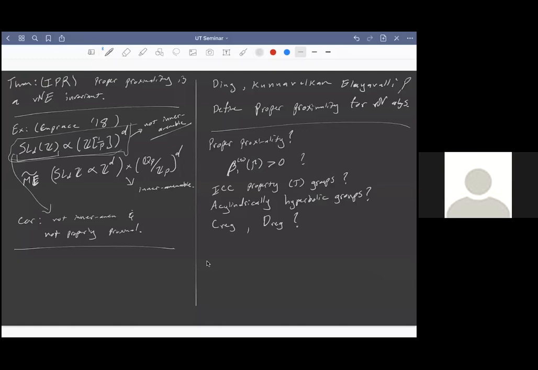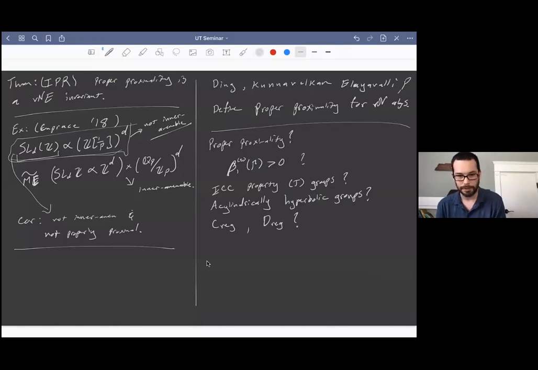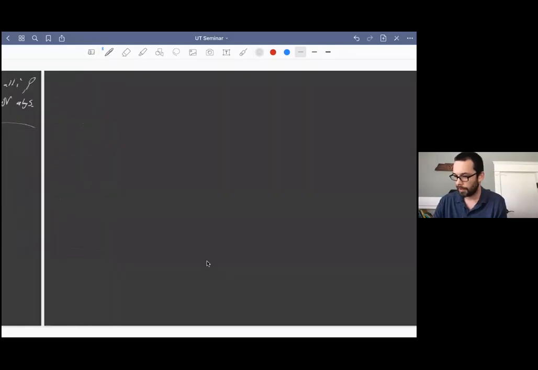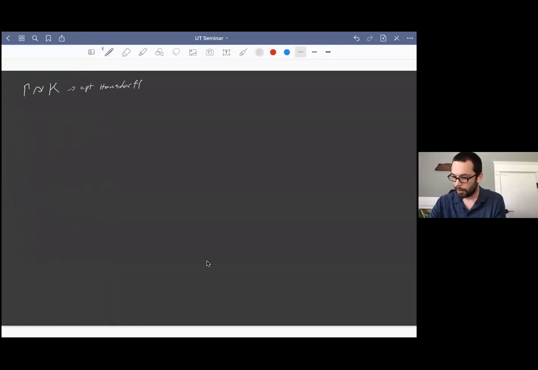I can maybe say briefly why convergence groups are properly proximal, because that gives a big hint on how to do all this stuff. Convergence groups are by definition groups which act on a compact Hausdorff space, and the action on the distinct triples is properly discontinuous.